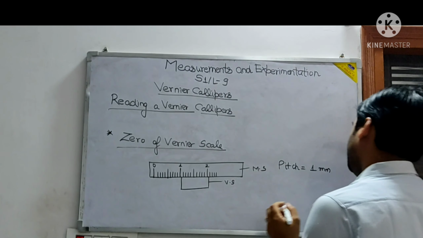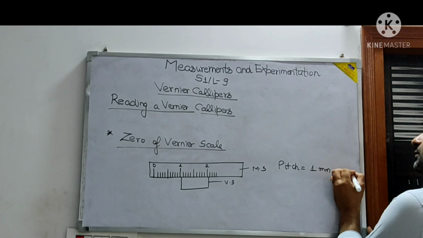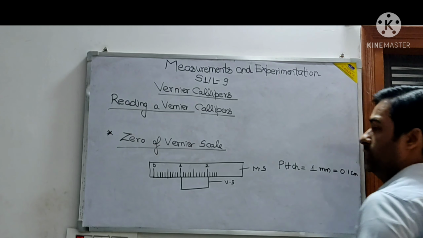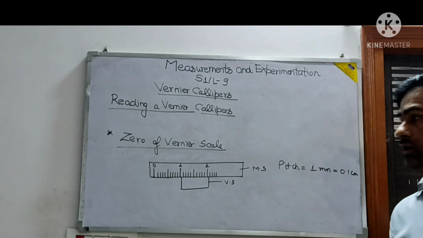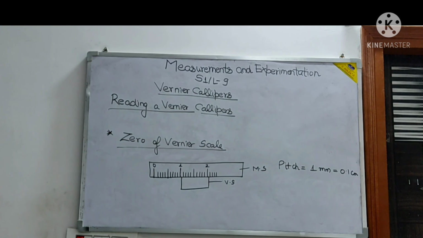Yes or no? That means 0.1 centimeter. Okay. Now let's draw the vernier readings also.